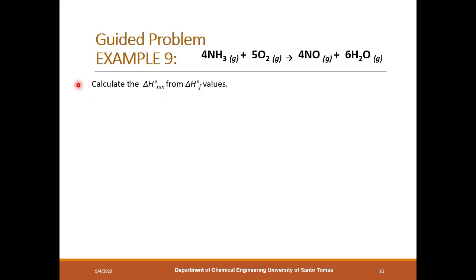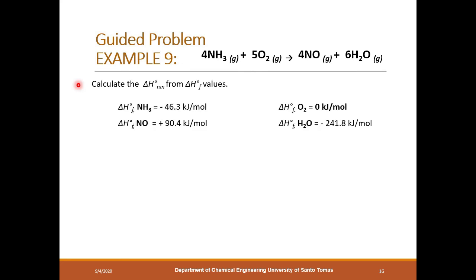Since the basis is the standard enthalpy of formation values, the first thing we need to do is obtain those values from our thermodynamic tables. Checking the tables, you will be able to obtain the standard enthalpy of formation values for the gaseous form of our substances.